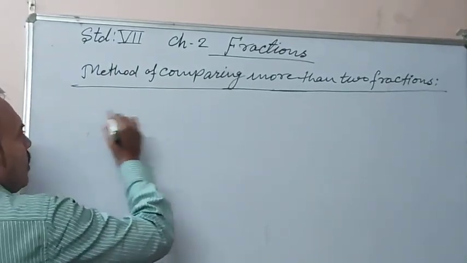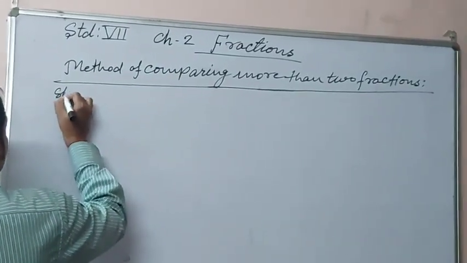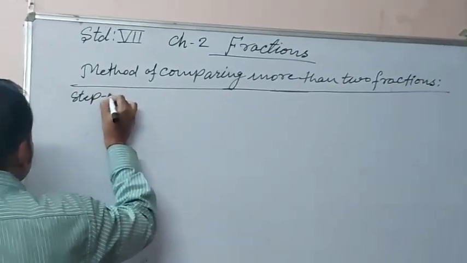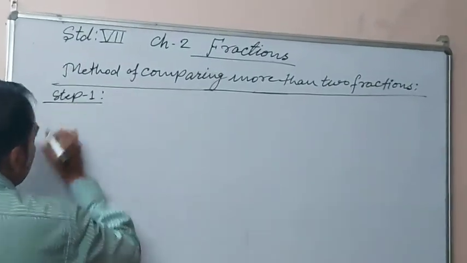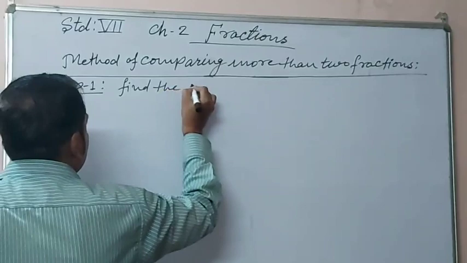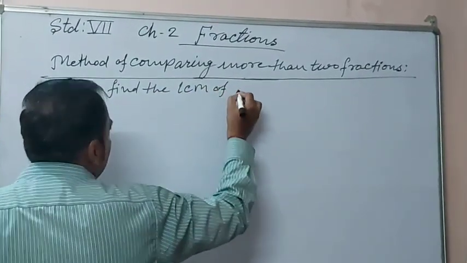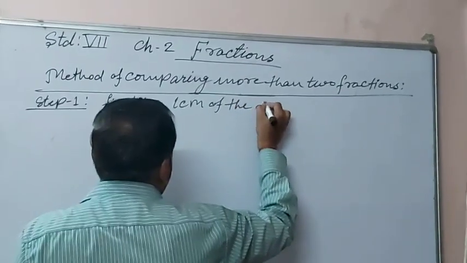Here are some steps in the rules. Step 1 is find the LCM of the denominators.